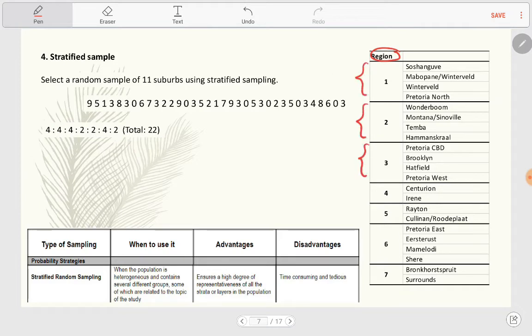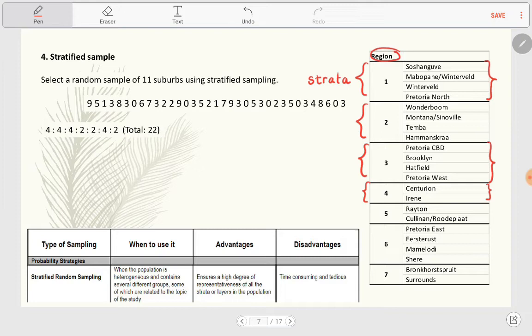These are now called strata. They're not clusters. These ones are called strata. And within a group, these suburbs are actually more or less in the same area or region in Pretoria. So this one's easy to understand. You're in Hatfield, and you're not too far away from Brooklyn and CBD, and Pretoria West is not too far away from CBD. And then you have Irene and Centurion, and those are more or less in the same region.